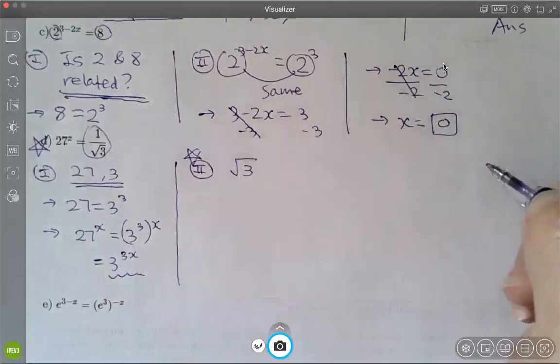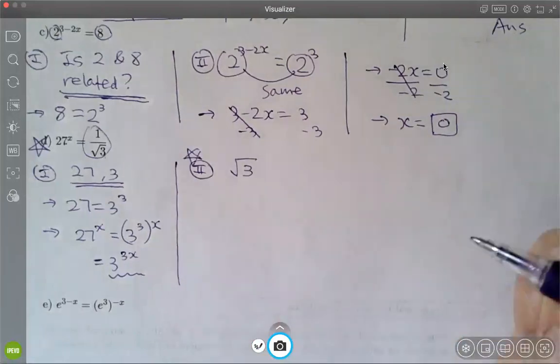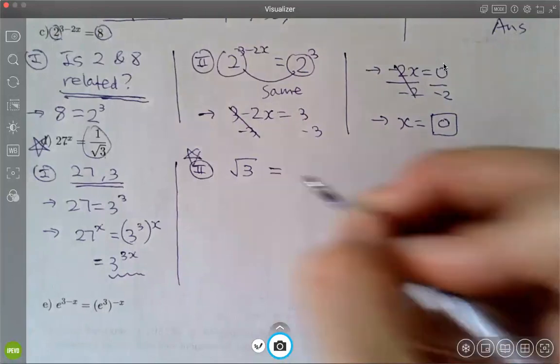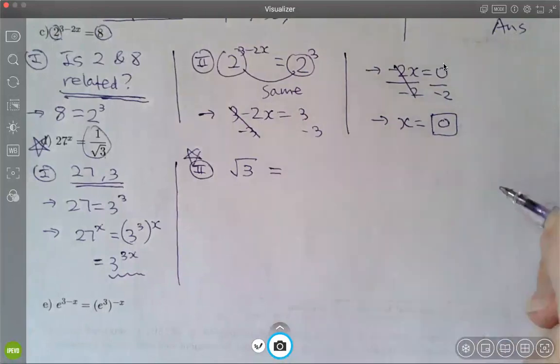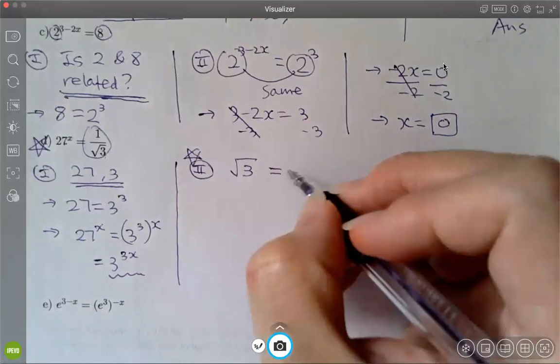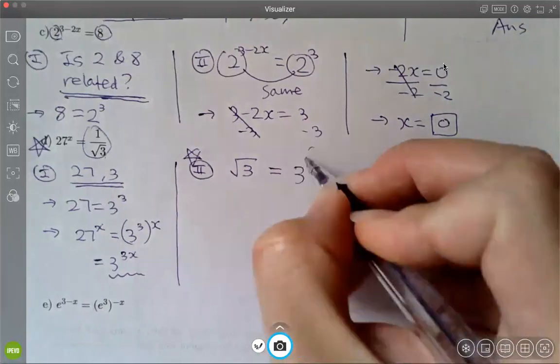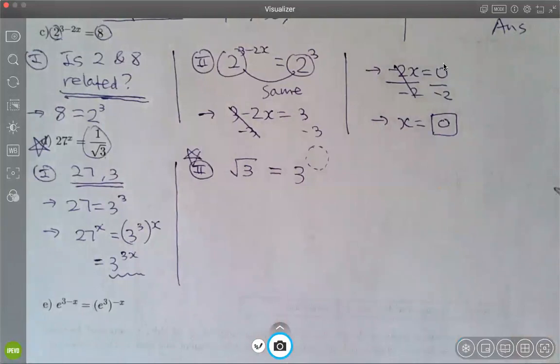Now, we need some kind of exponential form. So, can you express square root of 3 as 3 to some power? And what should this exponent be?